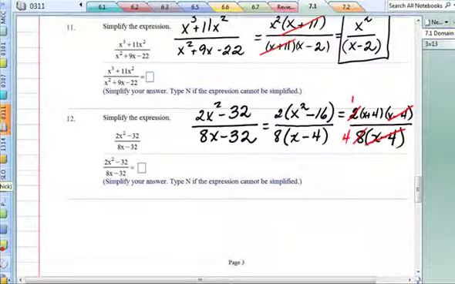So let's see what I have left over. The numerator, I have 1 times x plus 4, which is x plus 4. The denominator, I have 4. Oh, well, go ahead and mark out the 4s.